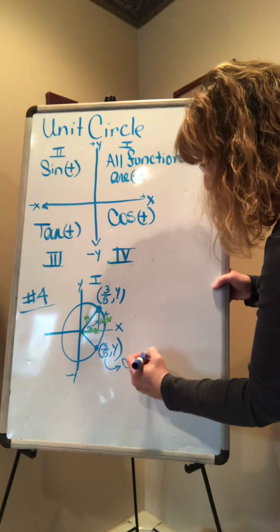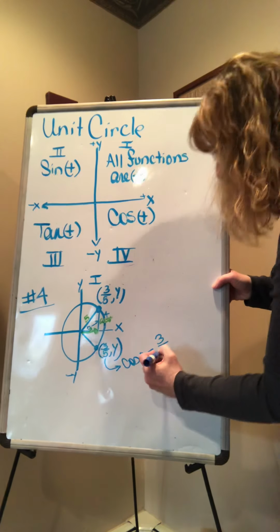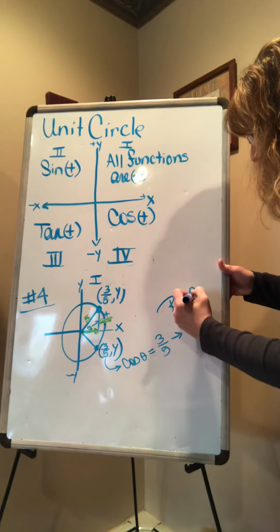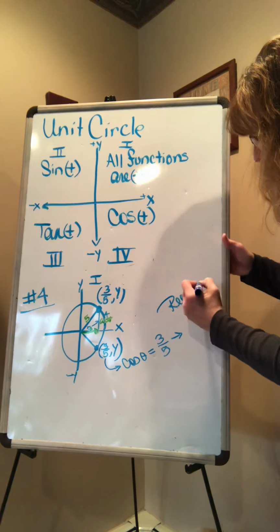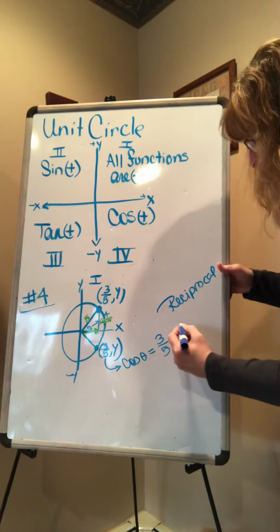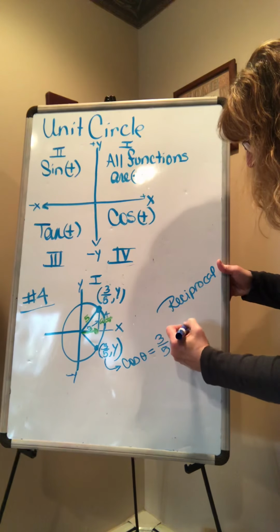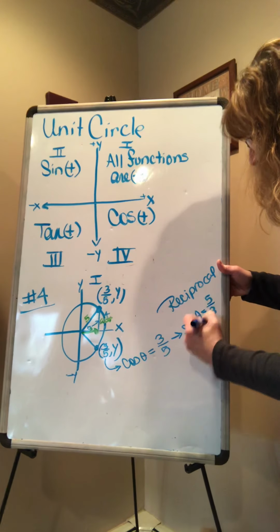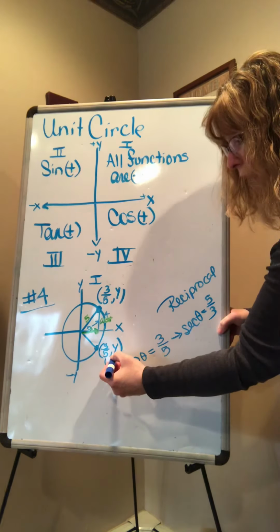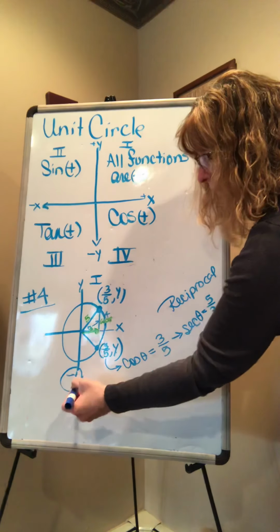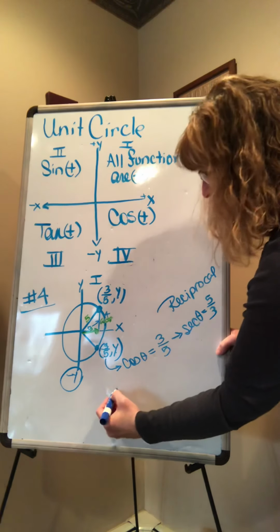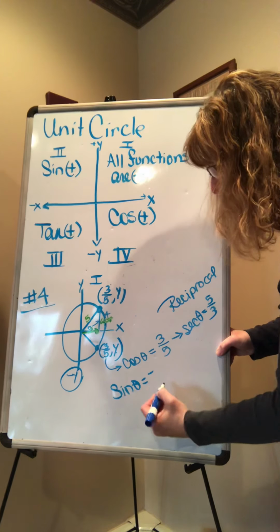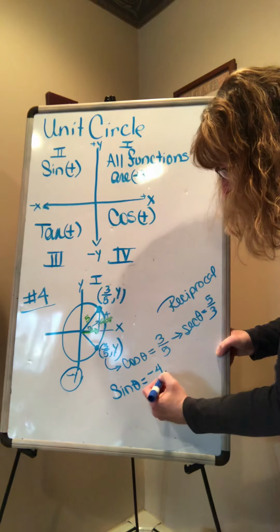Cosine theta is 3/5, making my reciprocal, my secant, still 5/3. Now what happens is y is negative in quadrant 4. So now the sine of theta is negative 4/5.